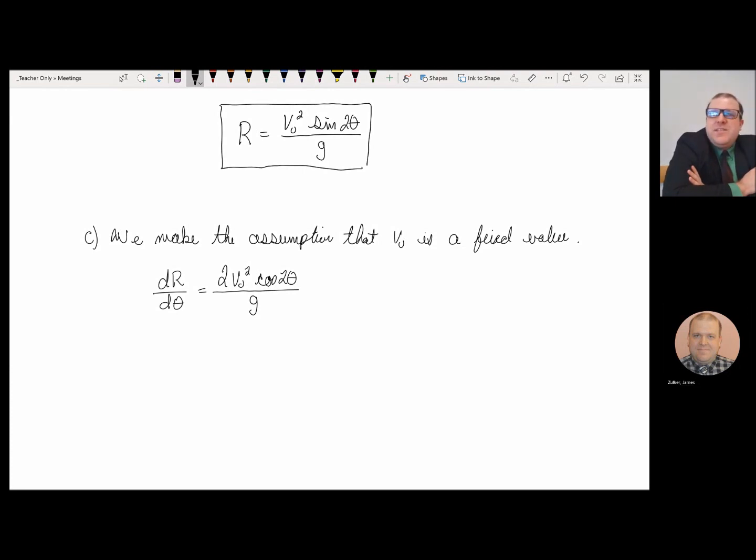Well, clearly that derivative is defined everywhere. Right? Because cosine is defined for all real numbers. So now we just set it equal to 0 and solve. Means cosine of 2 theta is equal to 0.